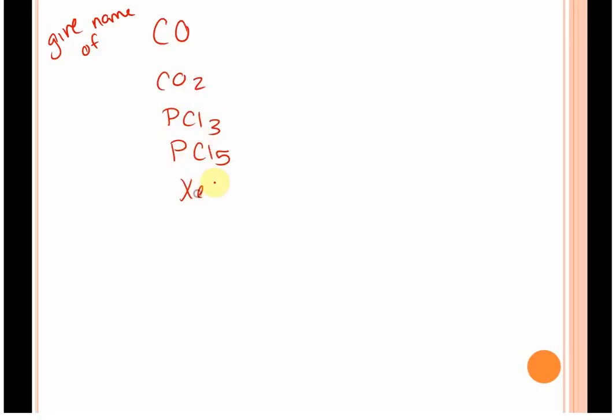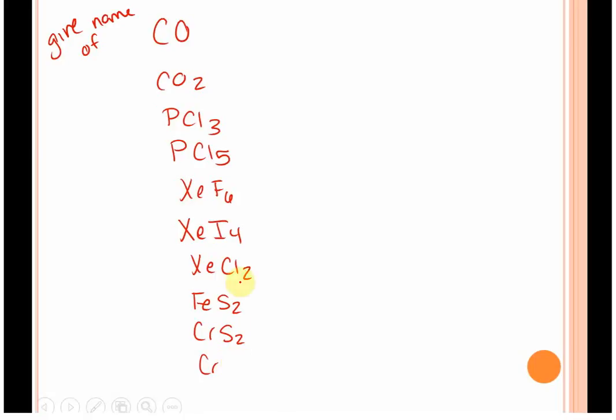For these, give the name of CO, CO2, let's move that one.